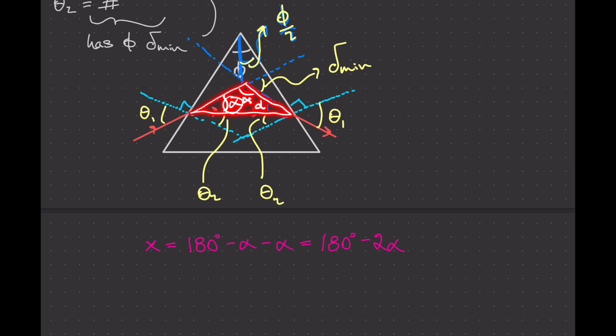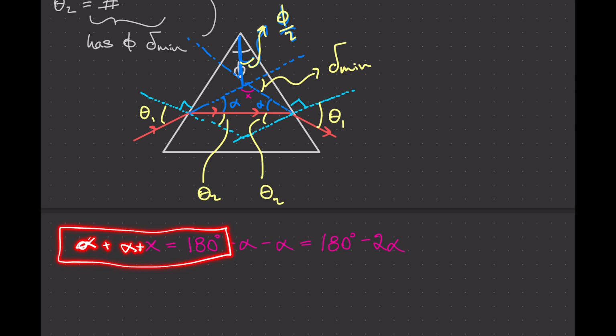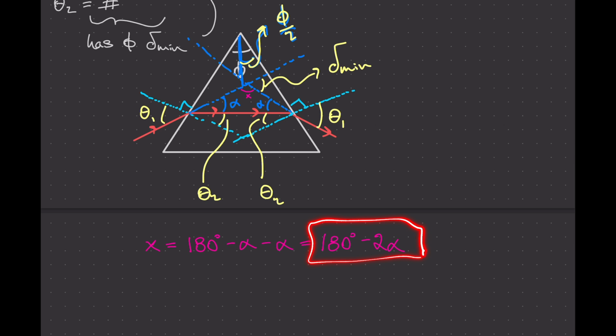So if I have alpha plus x, I know that equals 180. So here I have 180, and I already subtracted these two alphas on this side. But if I move them back on this side, here I have alpha plus x, and that gives me 180. So that is that triangle identity used to find what x is. 180 minus alpha. I combine the two alphas together to get minus 2 alpha.